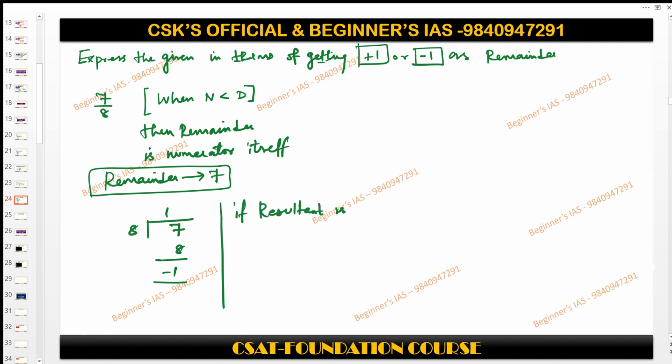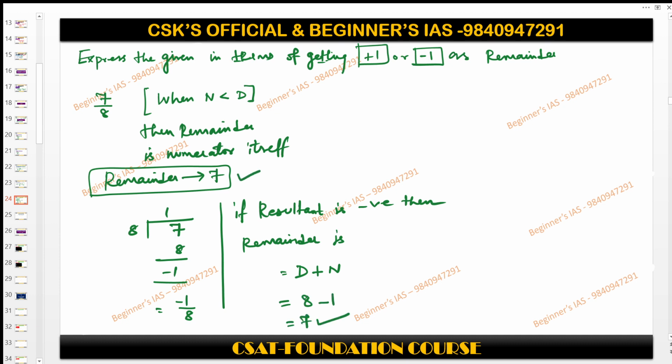If the resultant is negative, this can be written as -1 by 8, isn't it? Then the remainder is denominator plus numerator. In this case, the denominator is 8, the numerator is -1, so 7. In both the cases, the remainder is 7. Clear? Yes, sir.